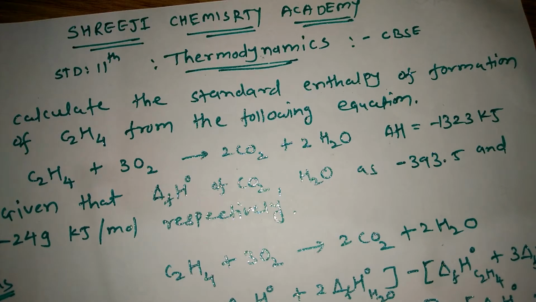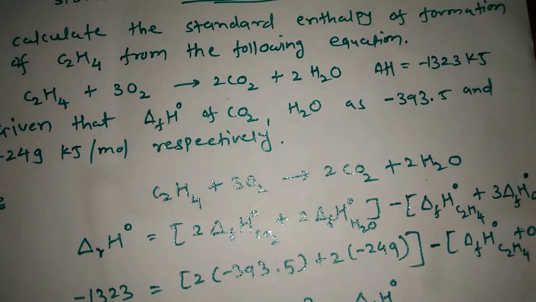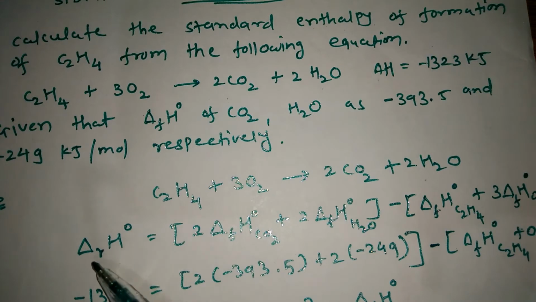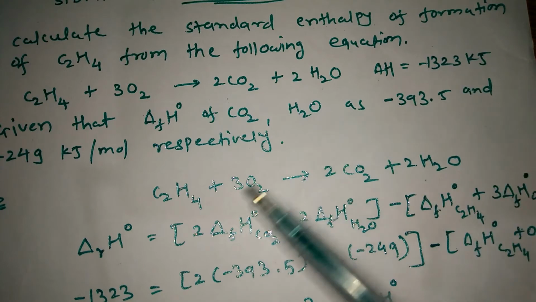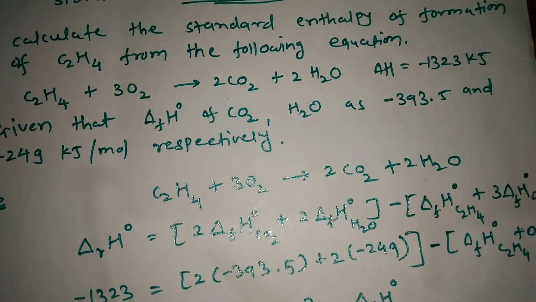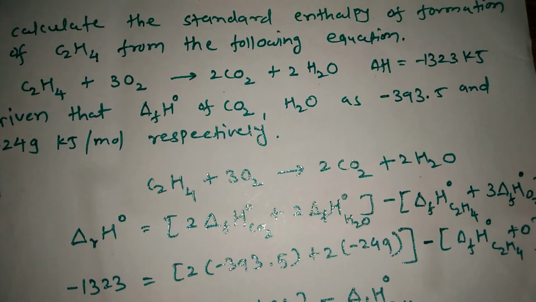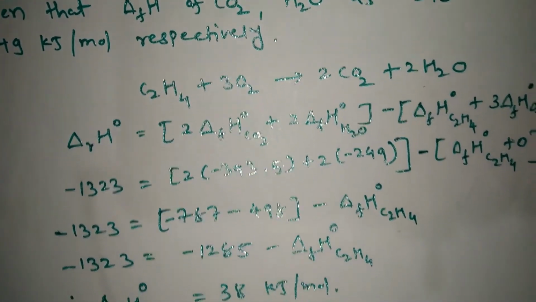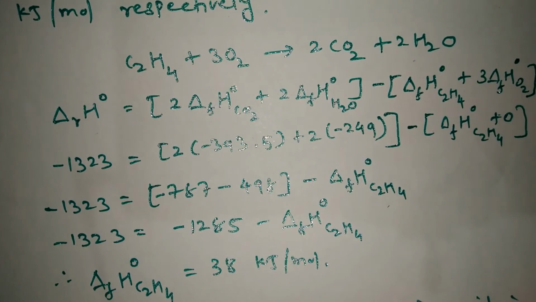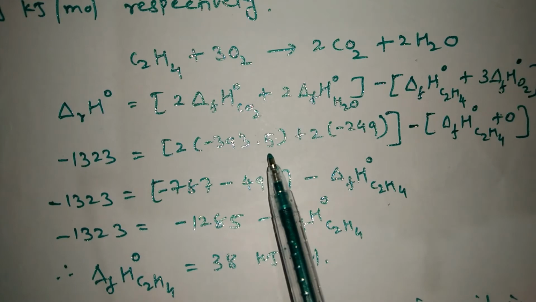Now reaction enthalpy means enthalpy of products minus enthalpy of reactants. Here the reaction enthalpy is given, which is minus 1323 kilojoule per mole, equals 2 into minus 393.5.